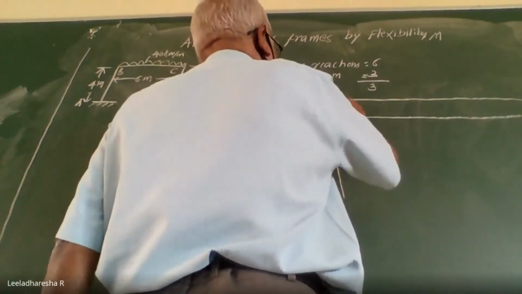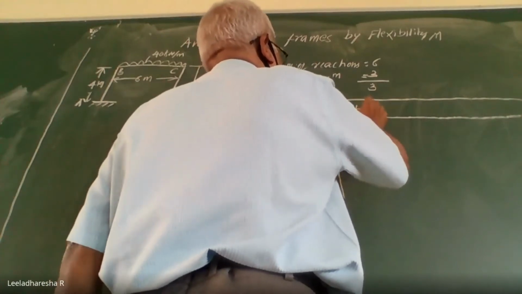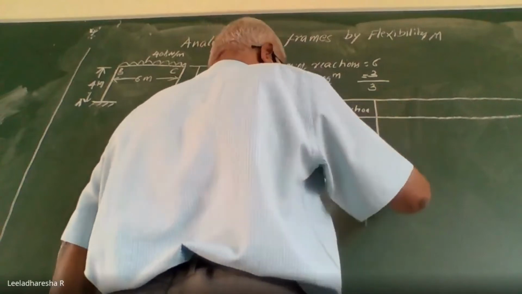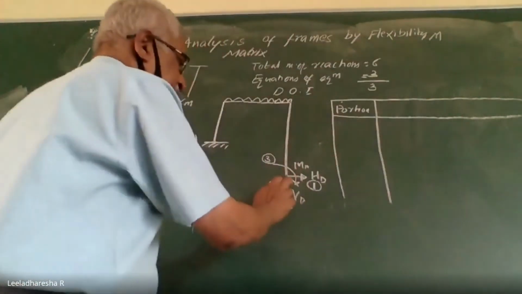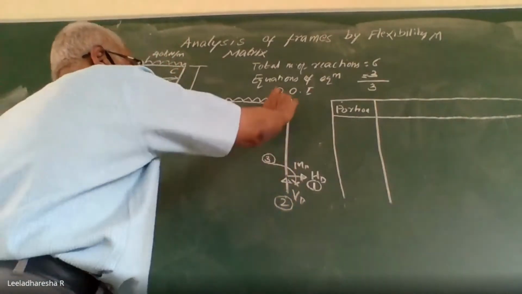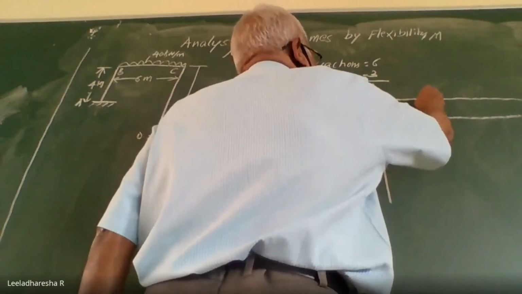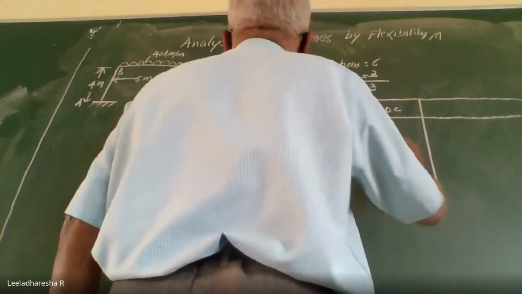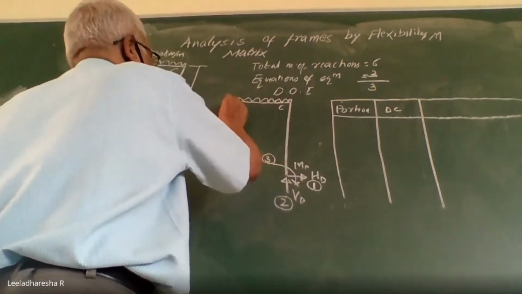In the first row, I will say portion, right? Portion. So, I will consider D to C as one of the portions, that is the column. Then I will consider the next portion, C to B.